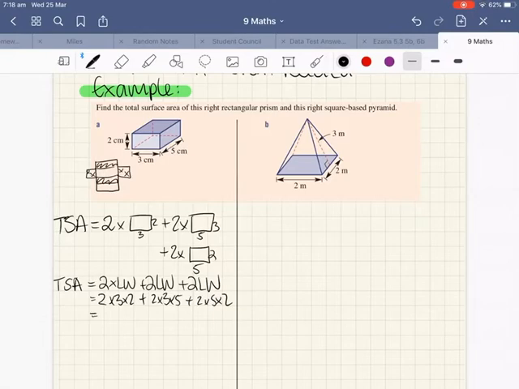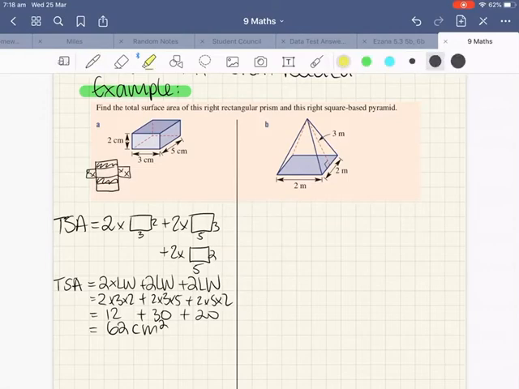We work that out. That ends up with 12 plus 30 plus 20, which gives us a total surface area for this prism of 62 centimetres squared. Okay, and that's our answer.